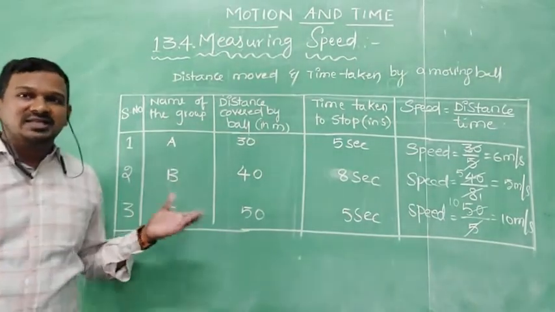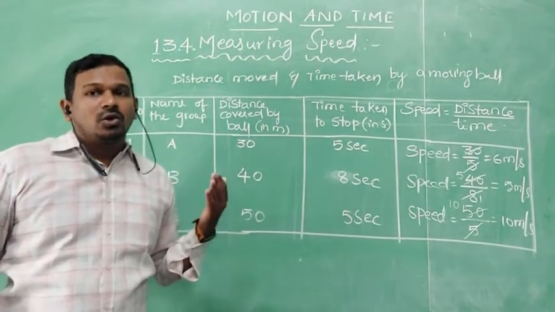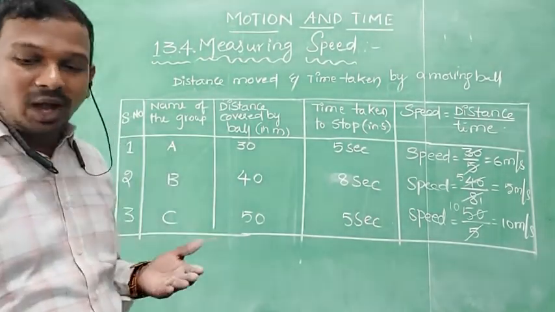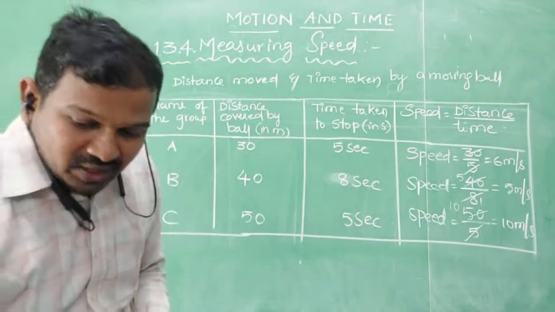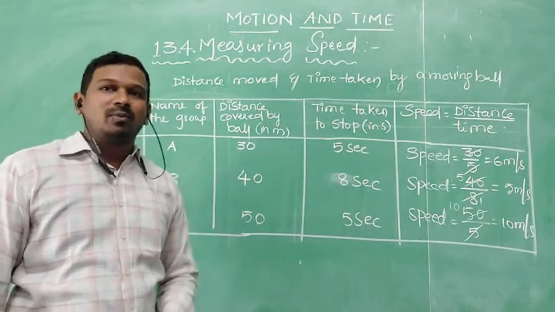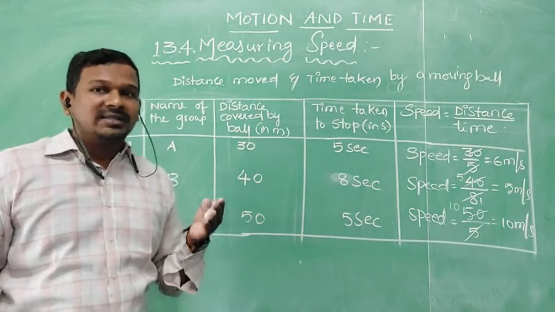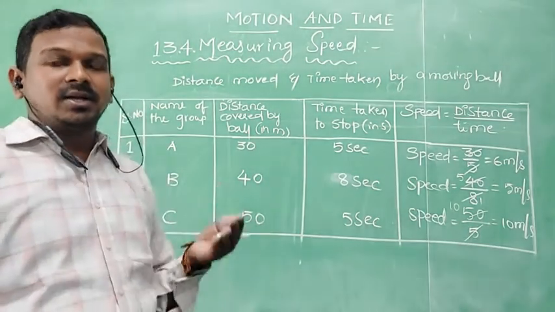Not only this activity, to decide whose speed is more, we can do one more activity also. How, sir? We can conduct a competition among the children, like a cycle race.